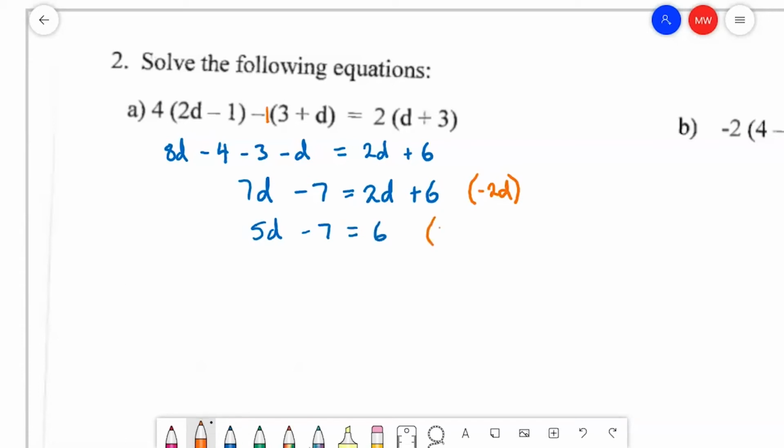So minus 7, let's add it to both sides. Now all I'll have left is 5d's, and on this side I'll have 13. And it's telling me to times by 5, so I'm going to divide by 5 both sides instead. All I'll have left is d, and over here I'll have 13 fifths.